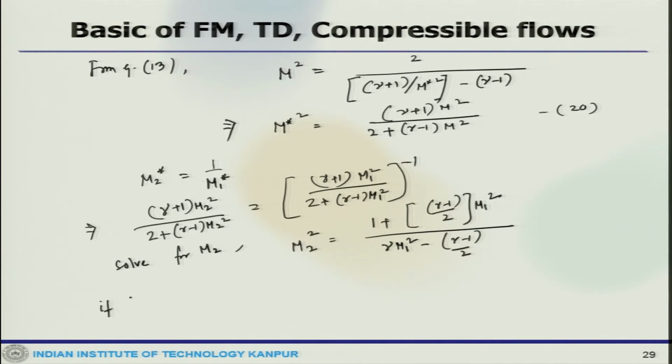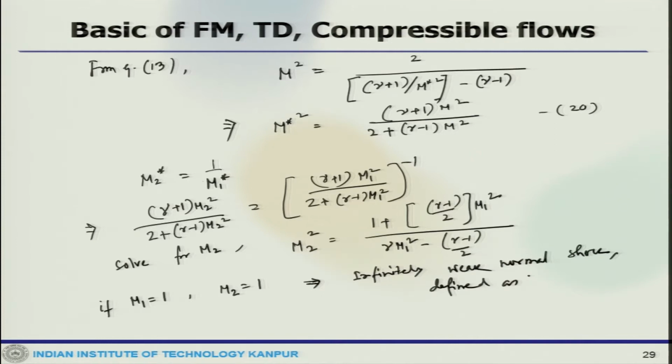So, let us say if M1 is 1, that means it is sonic, then M2 would be 1. So, this is what you can say is an infinitely weak normal shock, which is defined as a Mach wave.